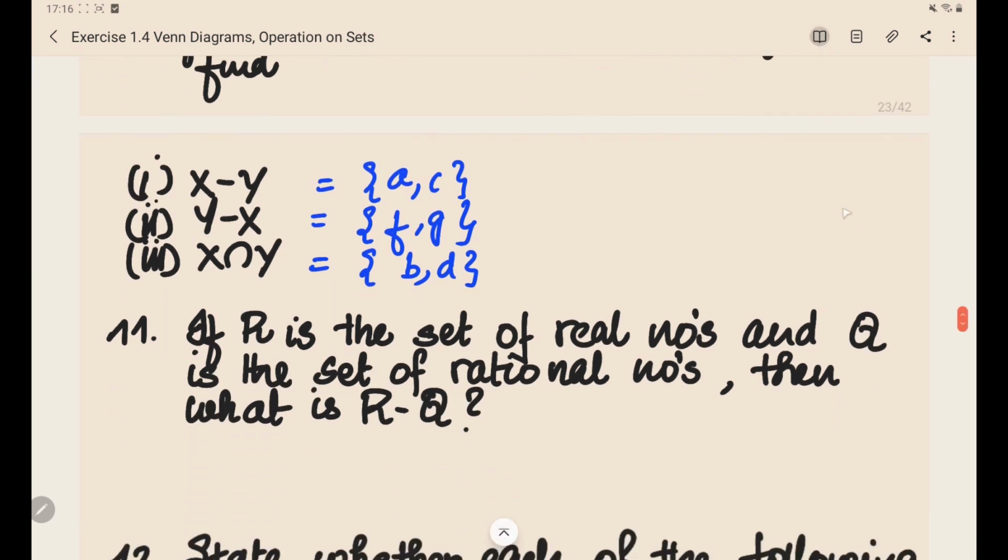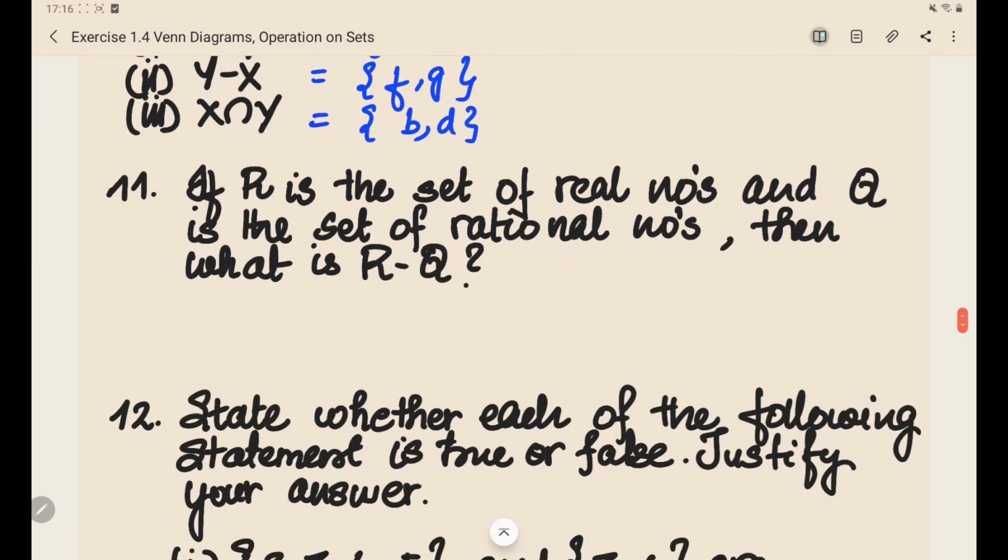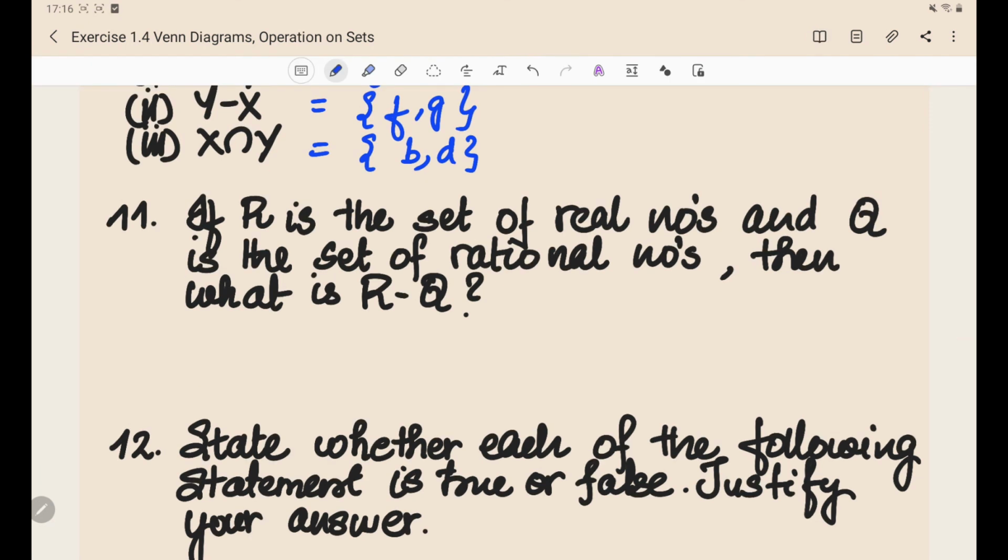Now let's discuss our 11th problem. If R is the set of all real numbers and Q is the set of all rational numbers, then what is R minus Q? R is the set of all rational numbers plus irrational numbers, irrational numbers being represented by T. So R minus Q is the set of all irrational numbers.